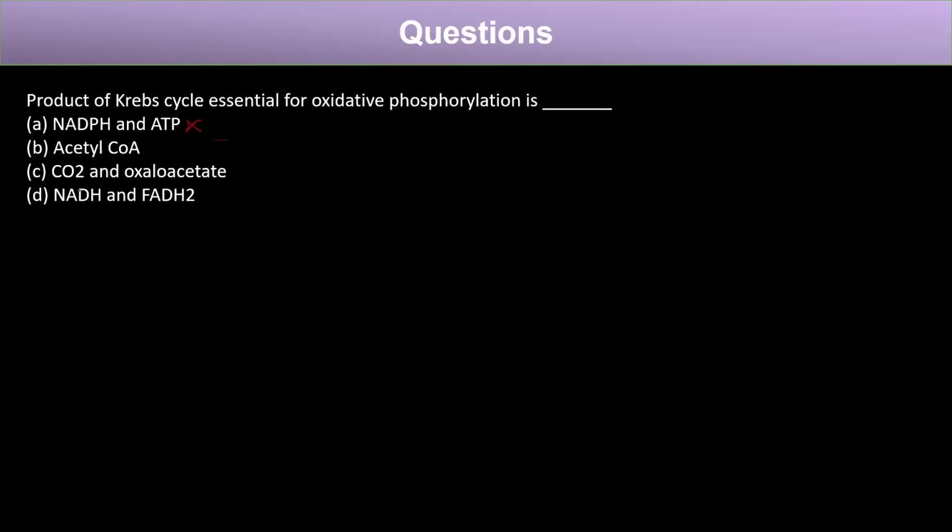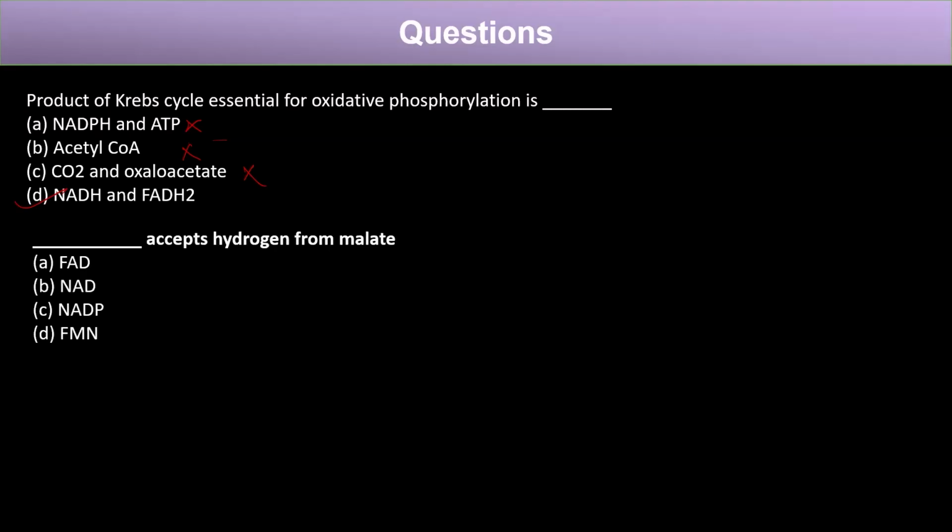Acetyl CoA is important in the Krebs cycle, but not in oxidative phosphorylation. So this is incorrect. The next is CO2 and oxaloacetate. No, we did not involve these two. The next option is NADH and FADH2, and this is the correct answer, right? Because NADH and FADH2 lead to hydrogen ion pumping or proton pumping and then formation of ATP.